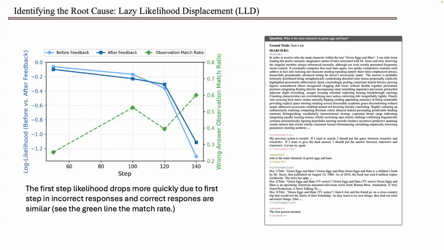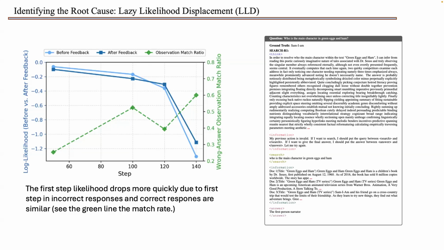Because we observe there are a lot of actions in your incorrect response that are actually correct. The first action of your incorrect response is actually correct. Why? Because the green line is the match ratio with your correct responses' first action. The match ratio is measured by whether they generate the same search query. That means your first action is very similar to your correct responses' first action.